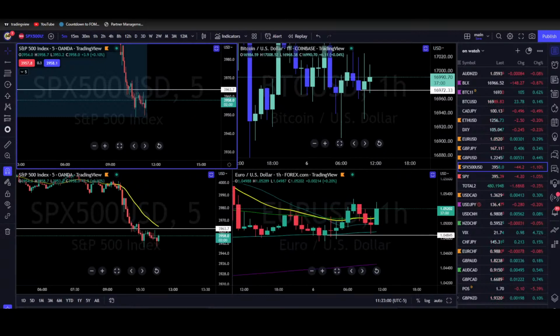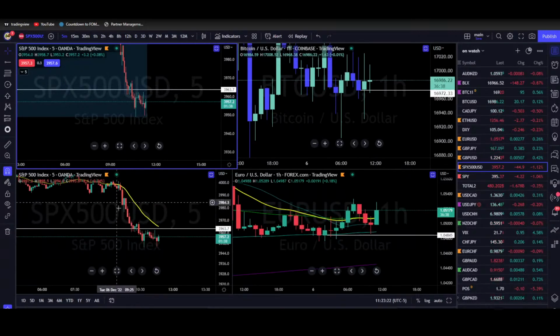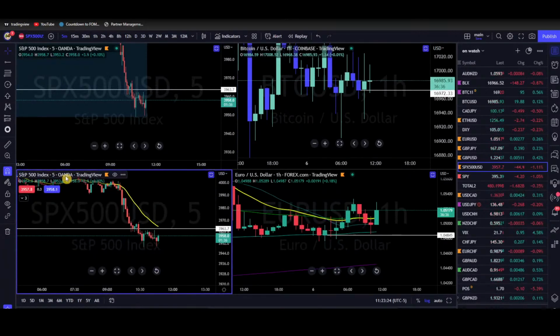Why is the point of control so different on SPY versus the SPX? It's because it's 2 separate entities being traded by themselves. The SPX, it's not even the E-minis. This is a CFD product. So the point of control is coming from Oanda.